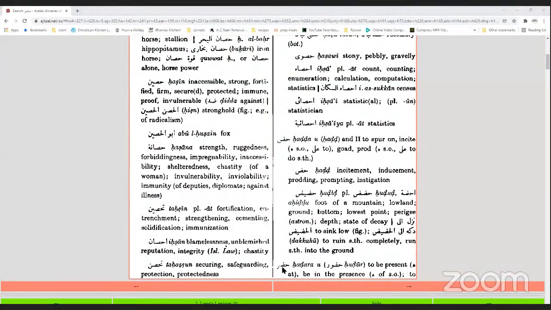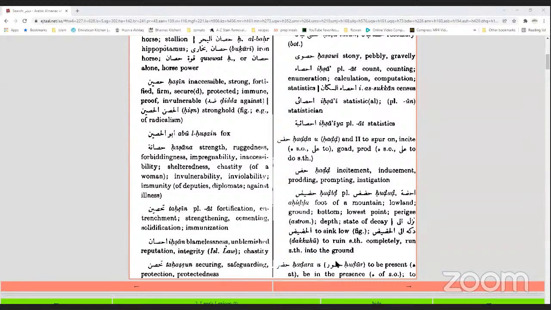So this is Hadara, and you found Yahduru, and in the bracket will be written the Masdar. What is written in this bracket? Hudurun. They are writing Hudur because the last letter sound is not pronounced.